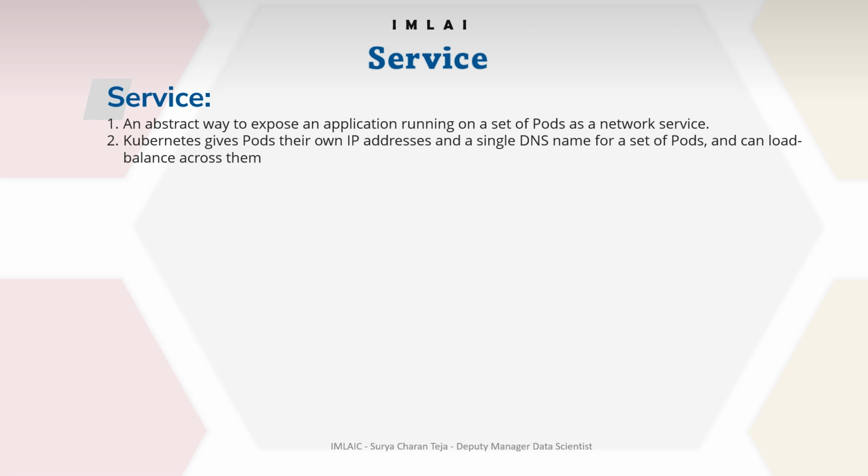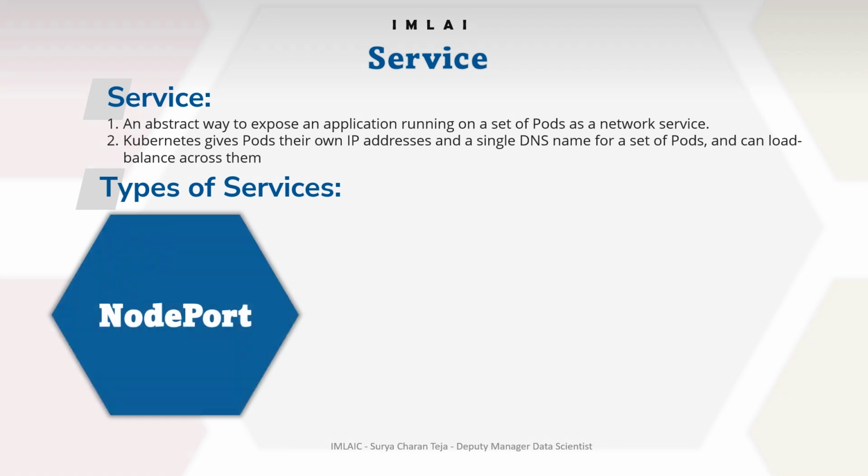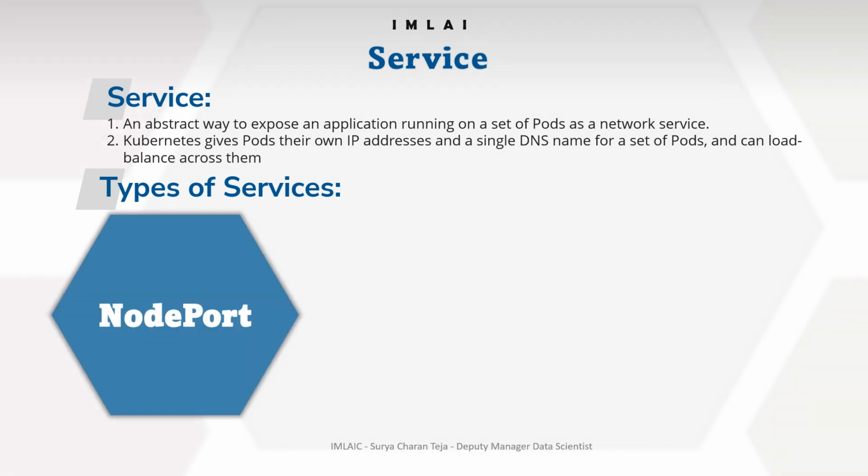So in Kubernetes, we have three types of services. The first one is node port. A node port is similar to port mapping. Node port is not just similar, it's almost equivalent to port mapping.